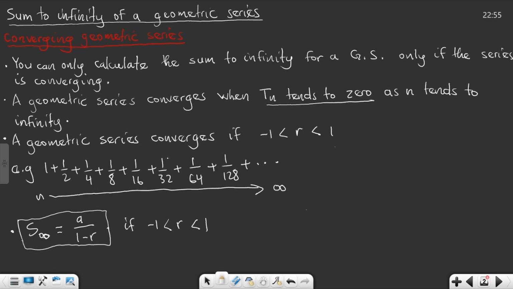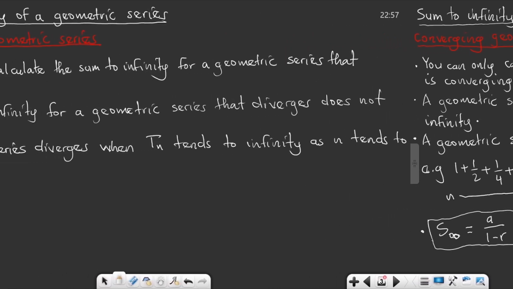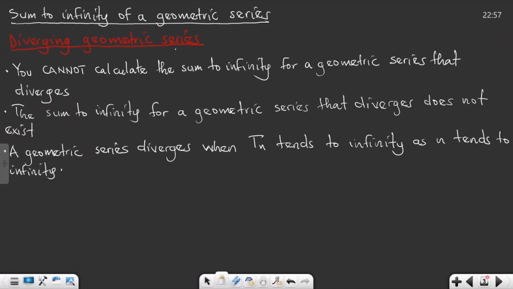Okay, let's move on and look at diverging geometric series. Now for a diverging geometric series, we say you cannot calculate the sum to infinity for a geometric series that diverges. We'll see why we cannot.